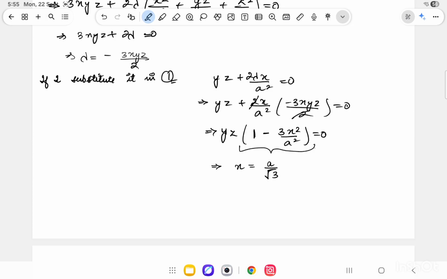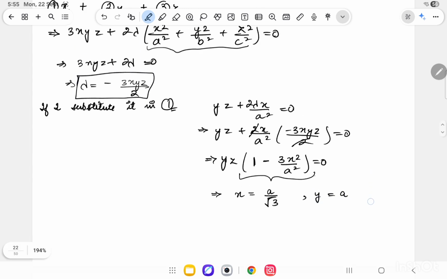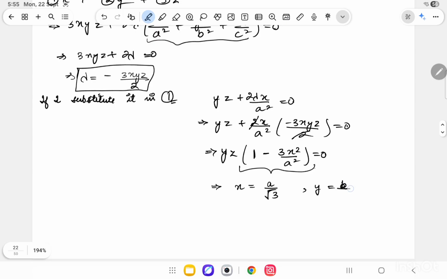Likewise, if I substitute this value of lambda in the second equation, I'll get y as b by root 3, and if I substitute it in equation 3, I'll get z as c by root 3. So this is the point x, y, z that I got.